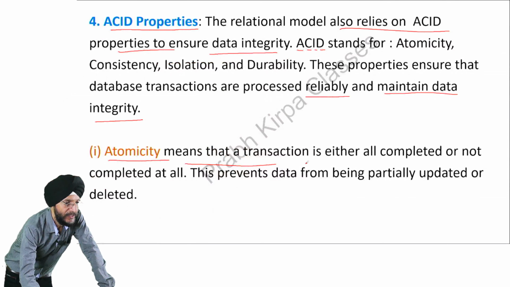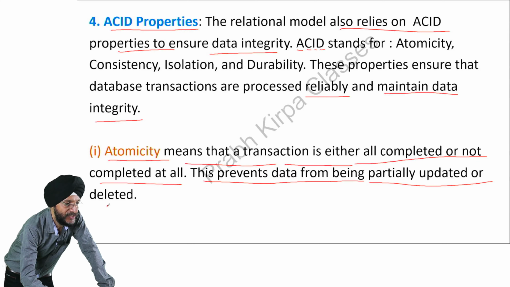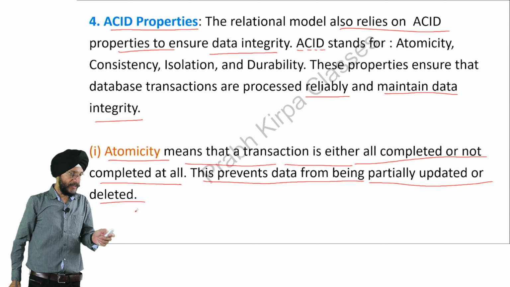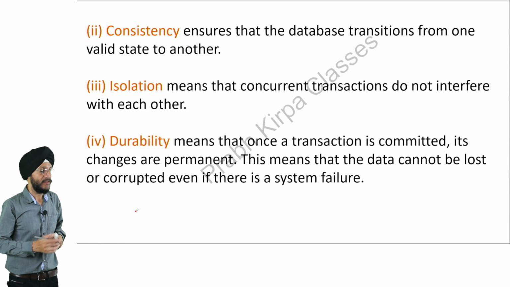Atomicity means that a transaction is either all completed or not completed at all. This prevents data from being partially updated or deleted. Next point is consistency.